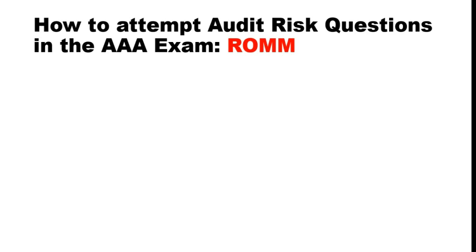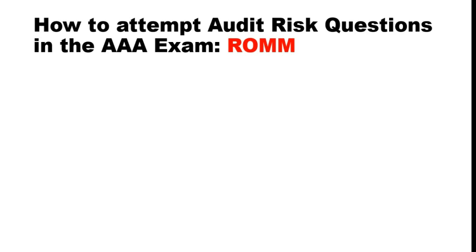Remember the AAA exam is a bit advanced exam where we are expected to show some maturity, some professional judgment, some professional skepticism. All the levels of strategic thinking are required. So you need to actually exhibit those attributes of a professional, of an expert.